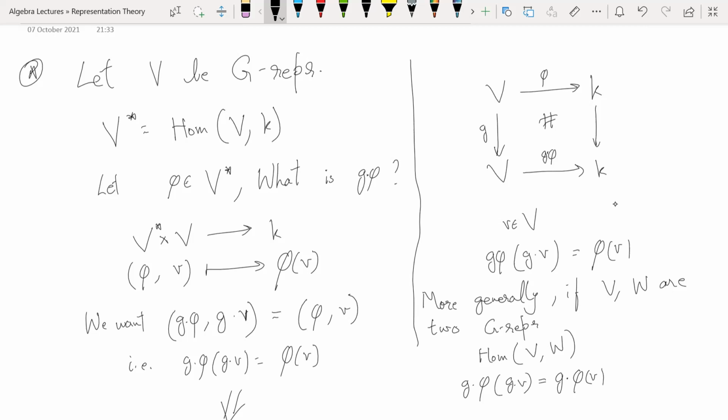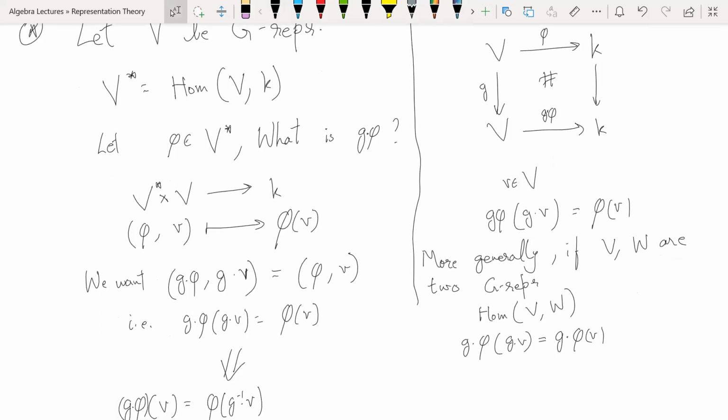This is how this map G dot phi is defined. If you want to write it without this inverse, as a function, you'll want that (G dot phi)(v) should be G dot phi(G inverse v).